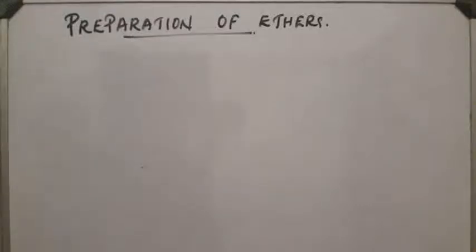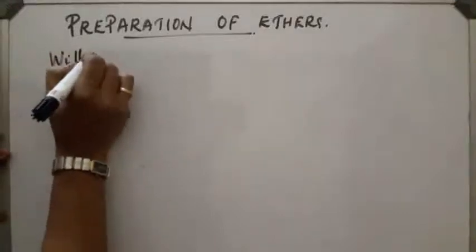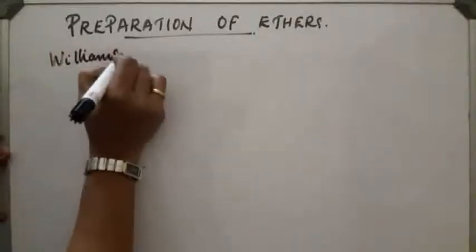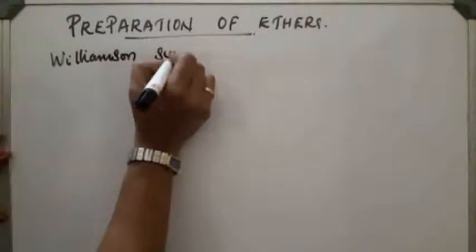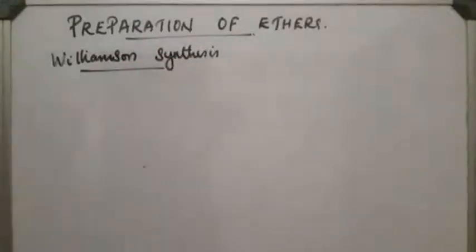Next method of preparation, Williamson synthesis. This method is used for preparing both symmetrical and unsymmetrical ethers.